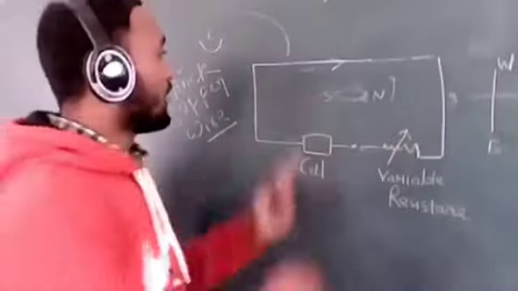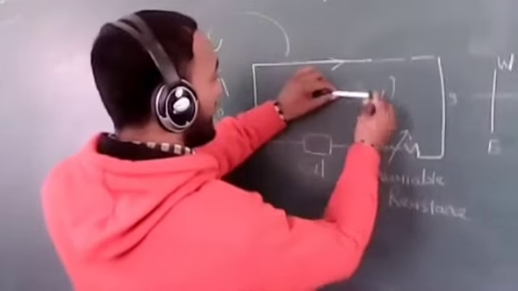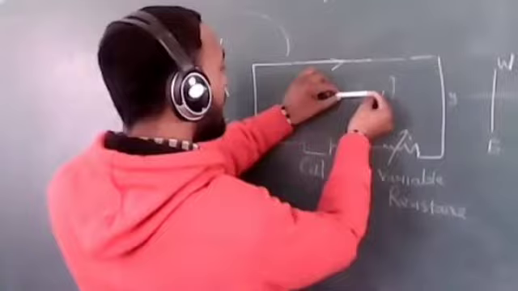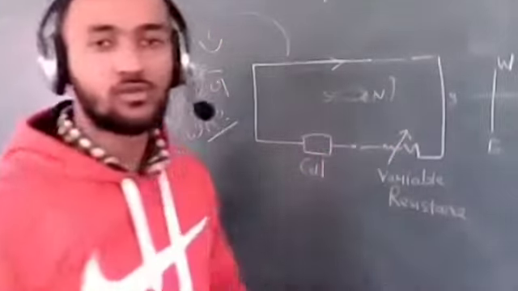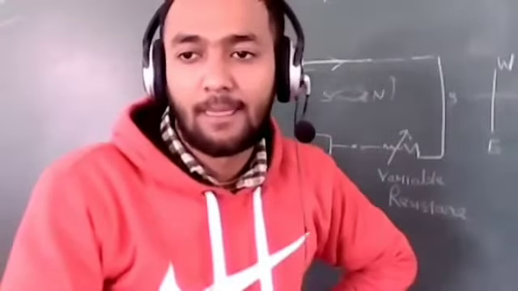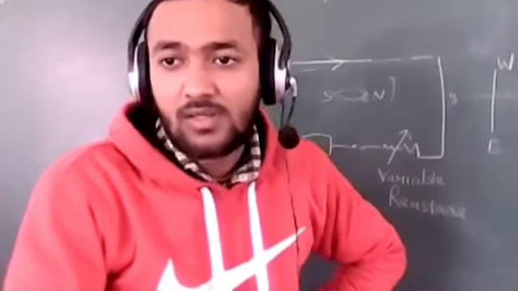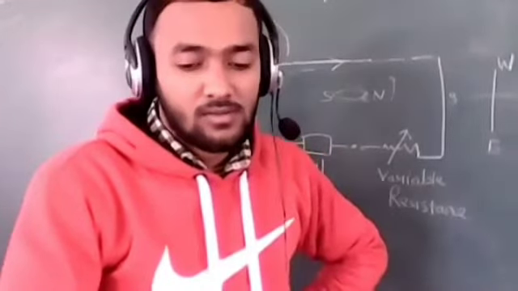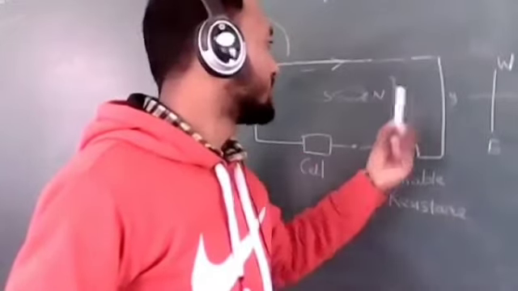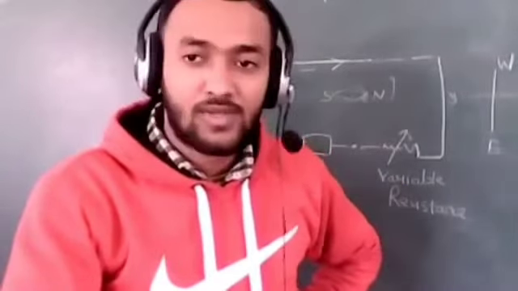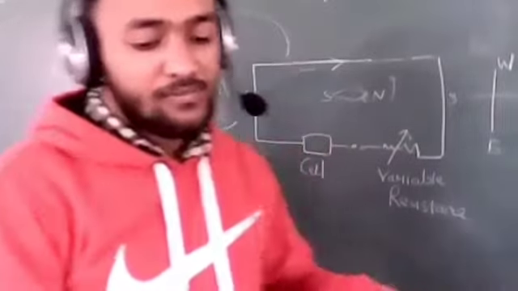When current is flowing in the south to north direction and this magnetic needle deflects like this, tell me in which direction the north pole of this magnetic needle goes. Okay, Ankita Verma. Sir, west. West direction. Okay, thank you, fine.